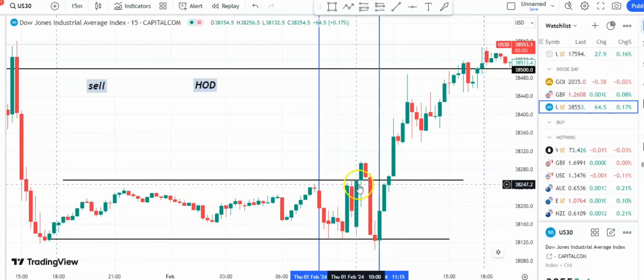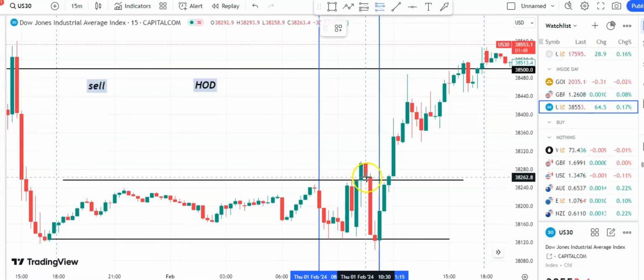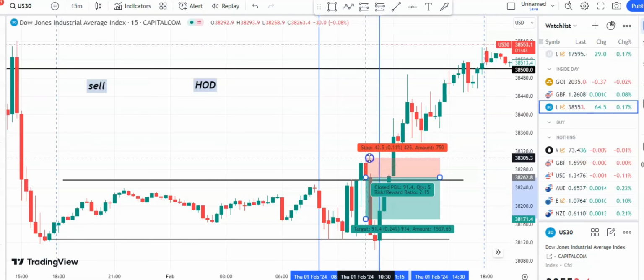So if it's at the high, we have a bullish candle and the next candle is bearish. If we are at the low, we have a bearish candle and then a bullish candle right next to it. So that would be our entry or our trigger for the entry.